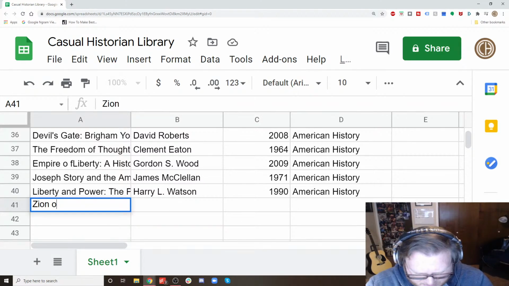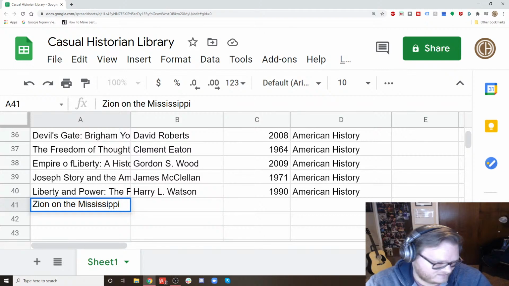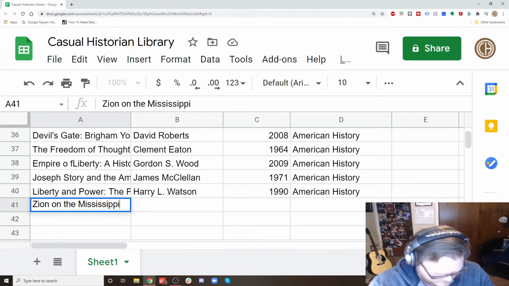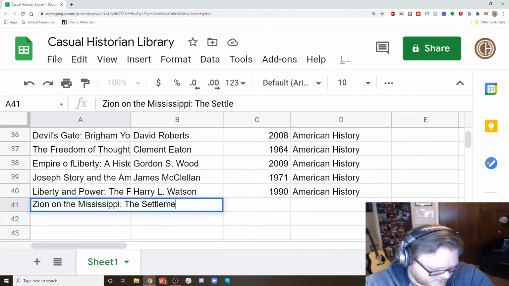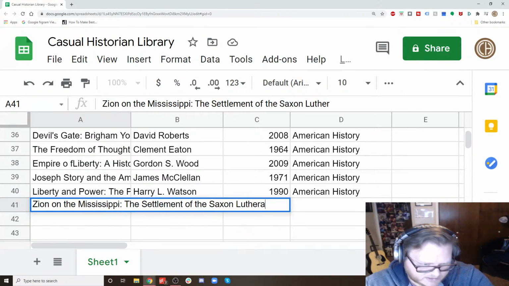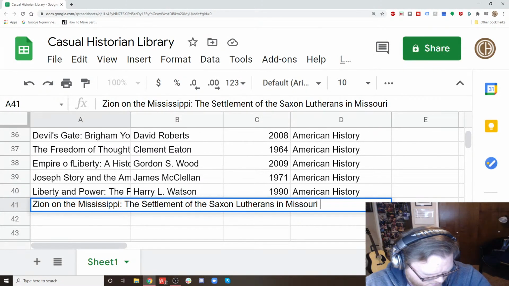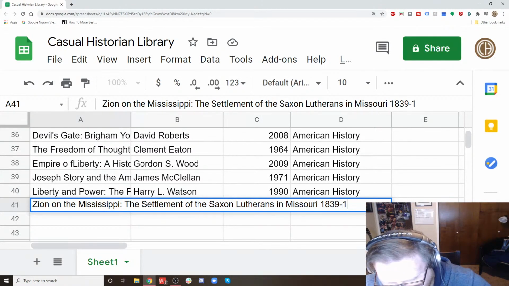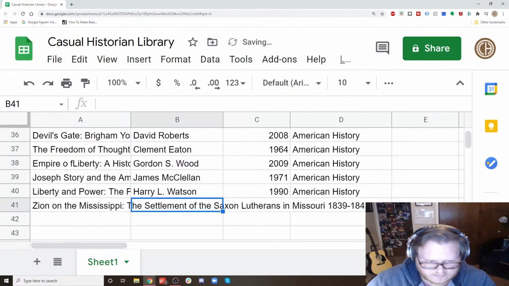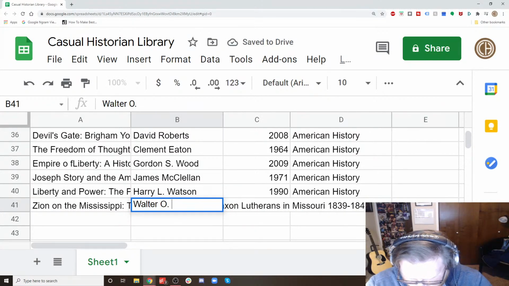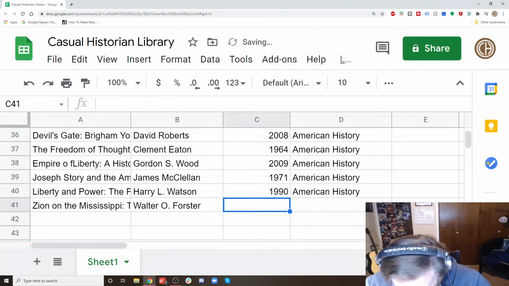Here's one. Zion on the Mississippi: The Settlement of the Saxon Lutherans in Missouri, 1839 to 1841, by Walter O. Forster, by Concordia Publishing House in 1953.